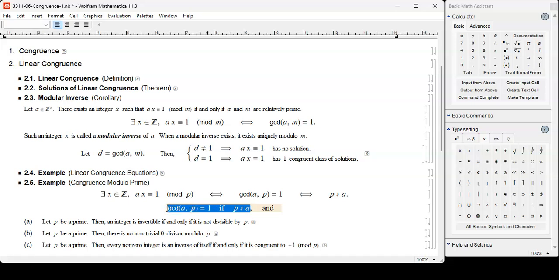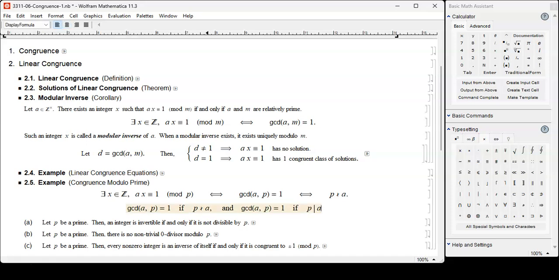And then let's copy and paste this thing again. Okay, let's look at this again. GCD is 1 if p does not divide a.